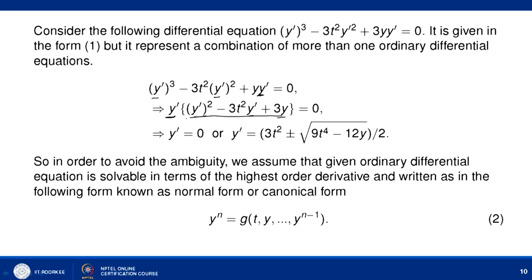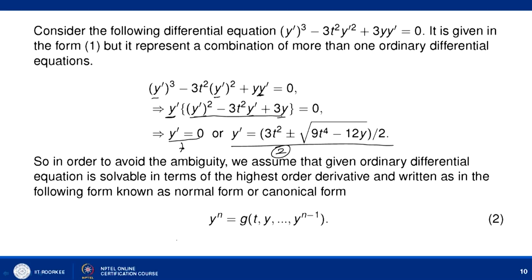So, we can solve it using the theory of quadratic equations, and we can write this as y dash equal to 0 or y dash equal to 3t square plus or minus the square root of 9t to the power 4 minus 12y, divided by 2. So, this represents one differential equation, and this is basically two differential equations. So, this is not only one differential equation, but gives you the possibility of three differential equations.